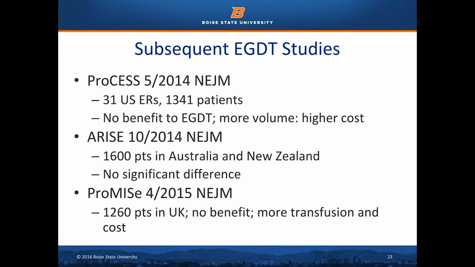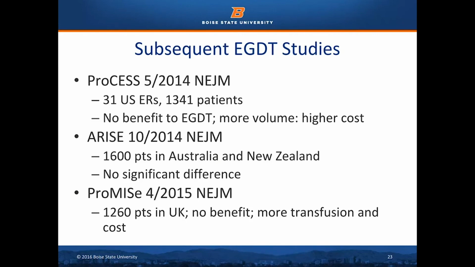So a whole bunch of different multi-center trials were put together. It took a while for them to come out. They all came out in 2014 and 2015 in the New England Journal. There was one done in the U.S., one done in Australia and New Zealand, and one done in England. What was interesting, if you look at these studies, and I don't want to cloud it, we'll look at these in our discussion forum.